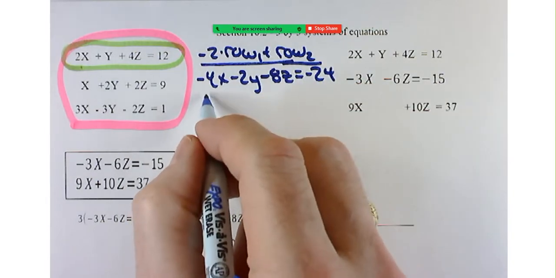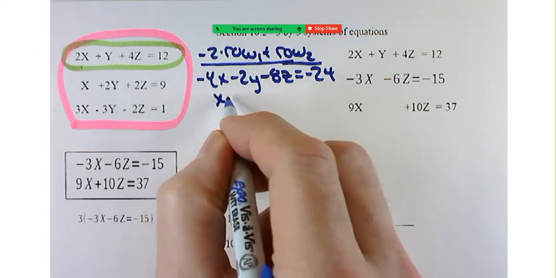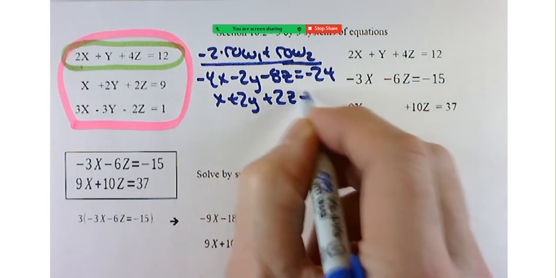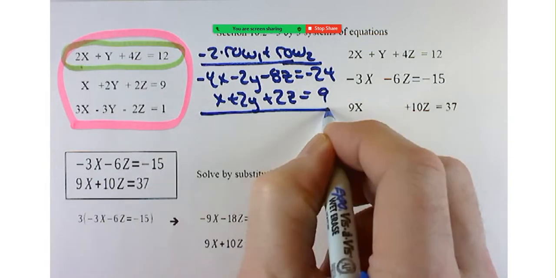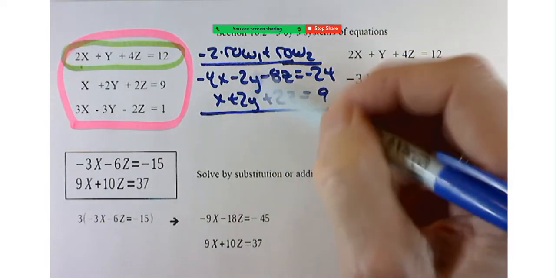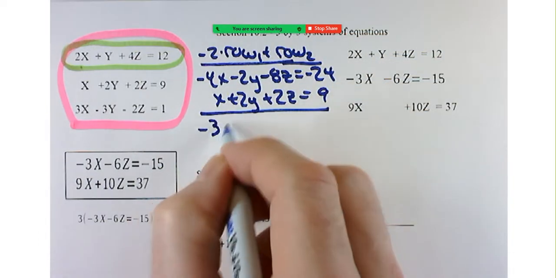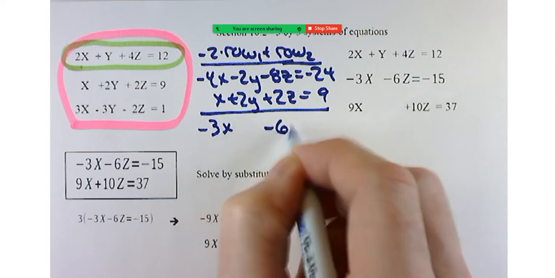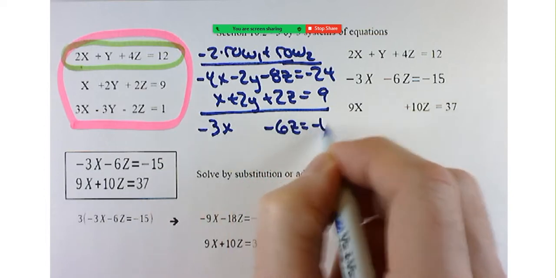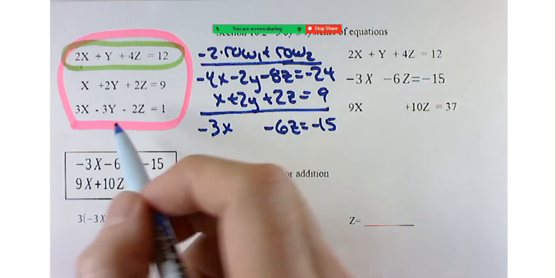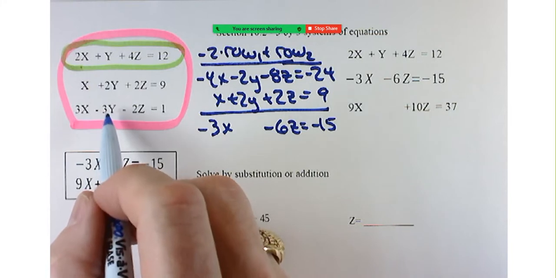And add that to x plus 2y plus 2z equals 9. Now that y variable is going to drop out, and that's okay. It's going to give me -3x minus 6z equals -15. And just leave it. We're going to leave that there until we get rid of the y from this equation.